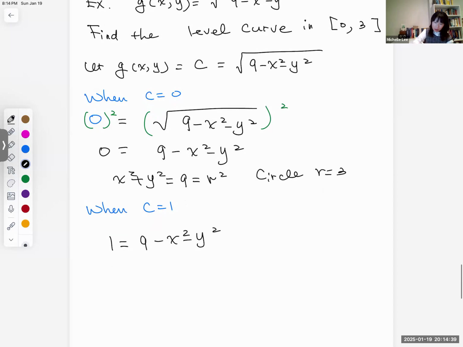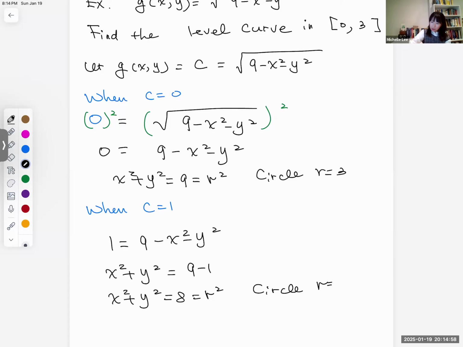Then we have x squared plus y squared equal to 9 minus 1, right? Okay, that would be x squared plus y squared equal to 8. Also r squared, so a circle with r equal to square root of 8, right? So that's 2 square root of 2, approximately 2.24.